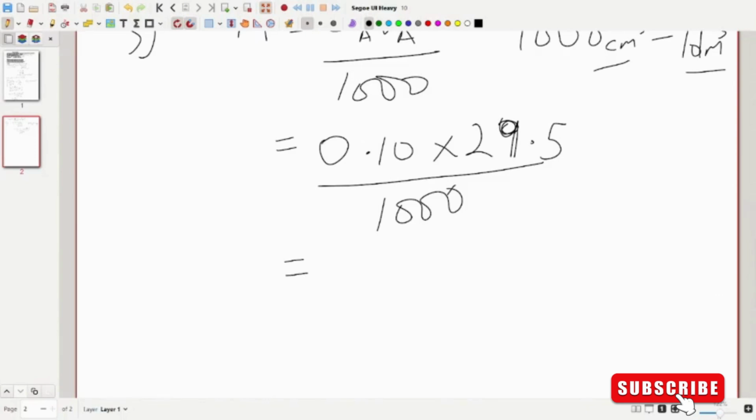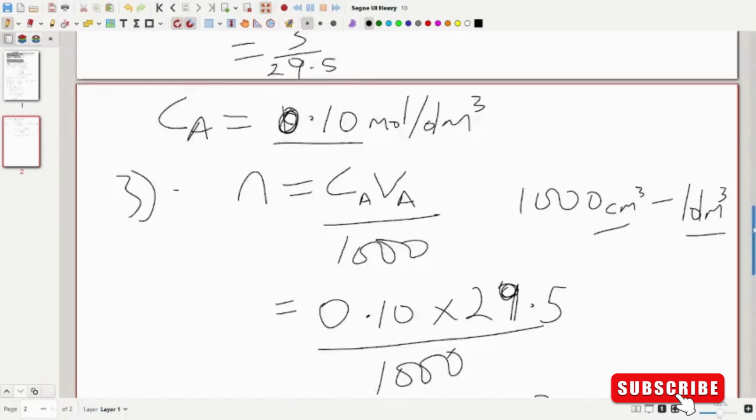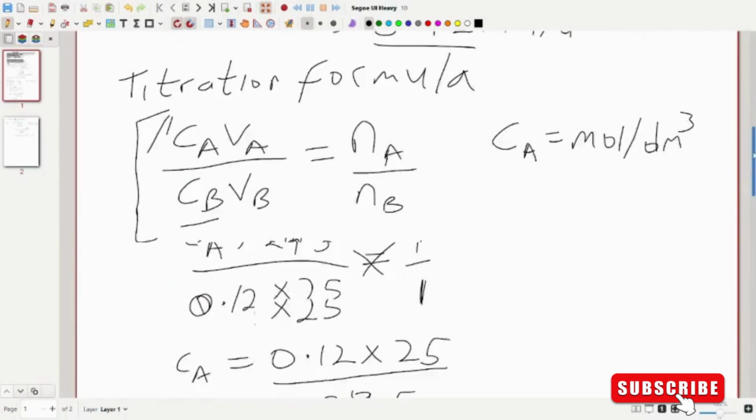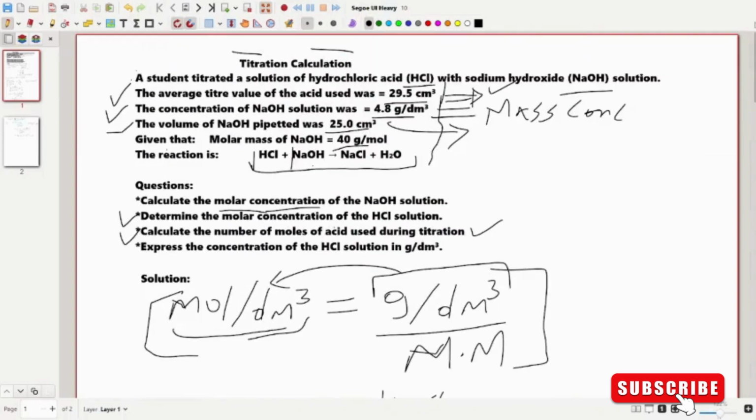At the end of the day, our mole will be 3.01 times 10 to the power minus 3 mole. These are some of the common expressions that can be used to answer titration questions during our practical exams.